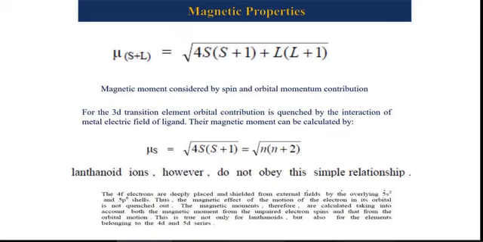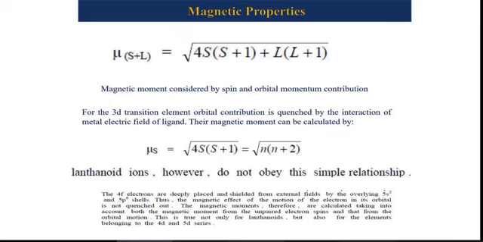Whereas in the case of lanthanide, since the 4f orbitals are well shielded from the surroundings by the overlying 5s and 5p electrons, it is not possible to explain their magnetic moment in terms of the number of unpaired electrons alone.